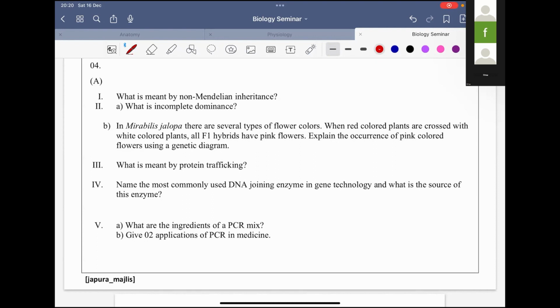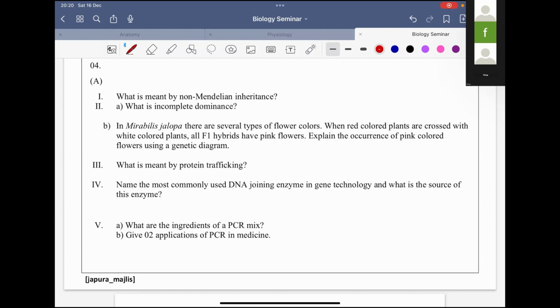There are many examples of non-Mendelian inheritance, right? Can any of you tell what the examples of non-Mendelian patterns are? Fine.